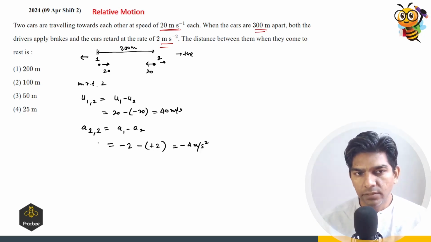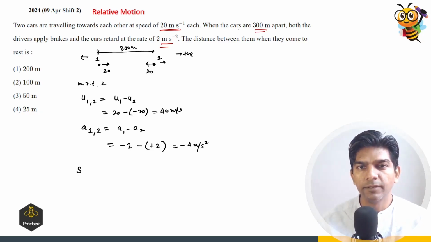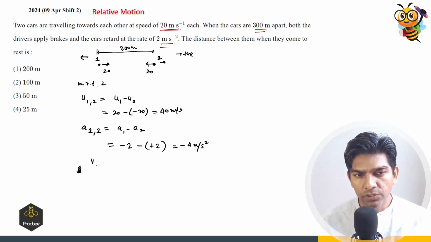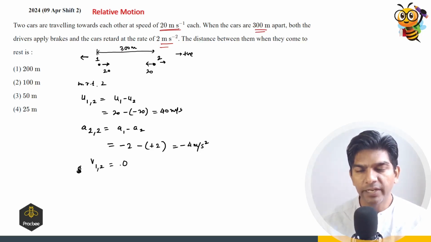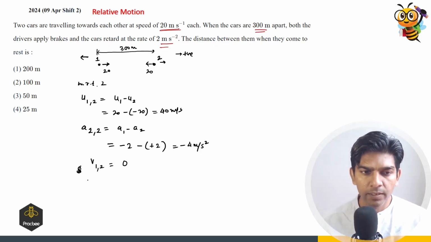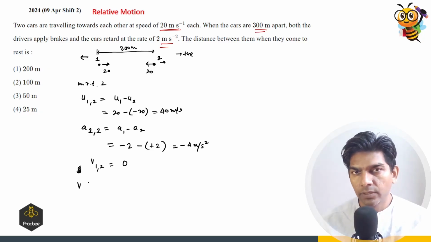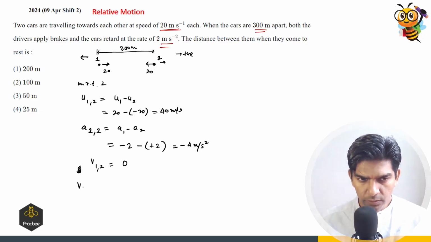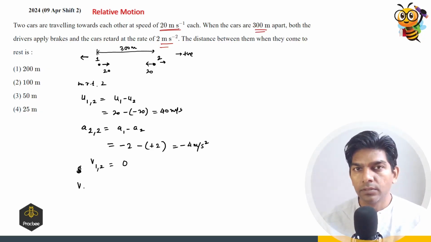So now we got the acceleration of 1 with respect to 2. So what should be the displacement? When they come to rest, final velocity of 1 with respect to 2 will be 0, right? Because both will come to rest. So we can apply the third equation of motion.